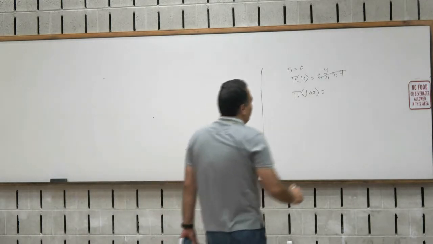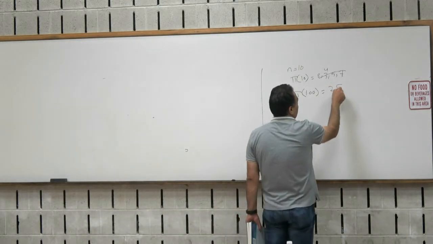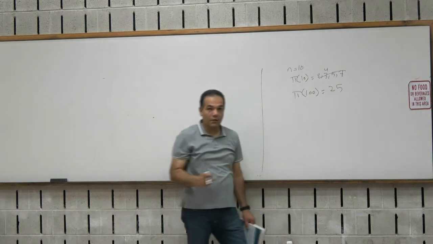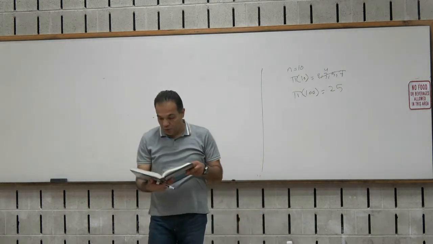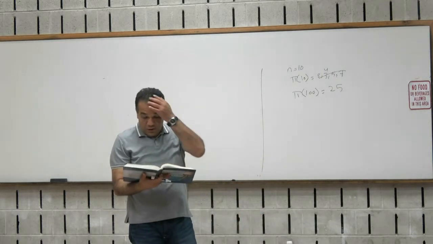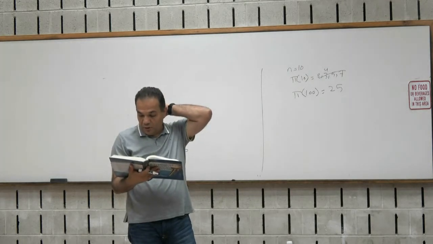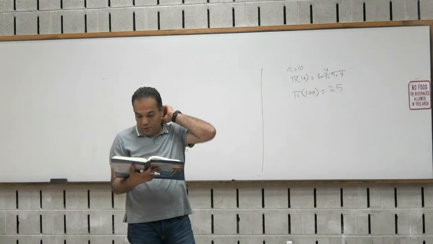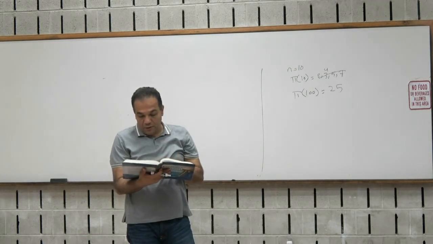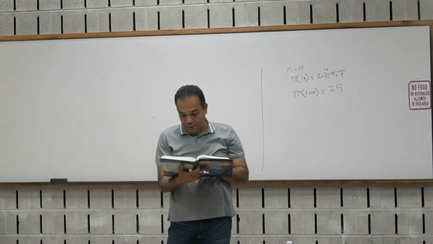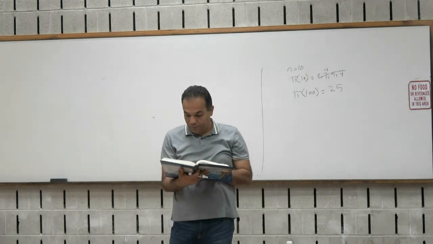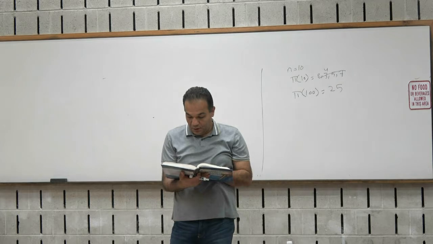So there are 25 primes less than 100. So the question is, if I need to know how many primes are less than a number, how can I know that? There are a few rules that could tell you that.